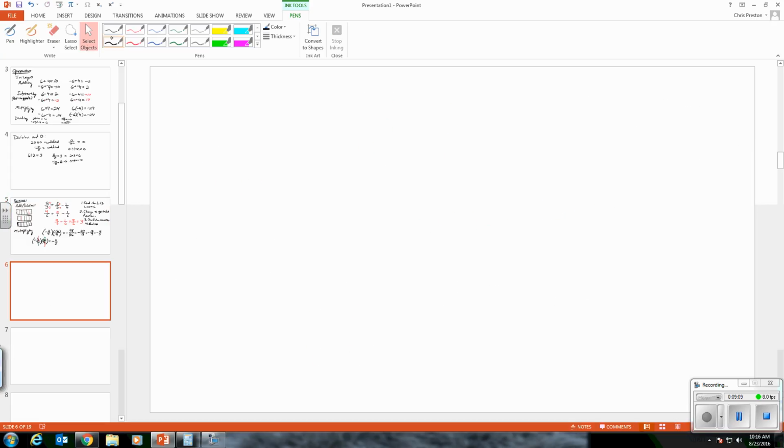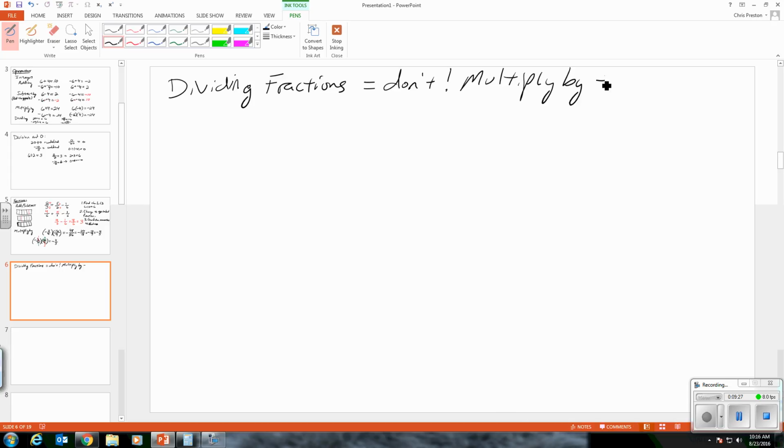Dividing fractions. We don't do it. Instead, multiply by the reciprocal. What do I mean by that?